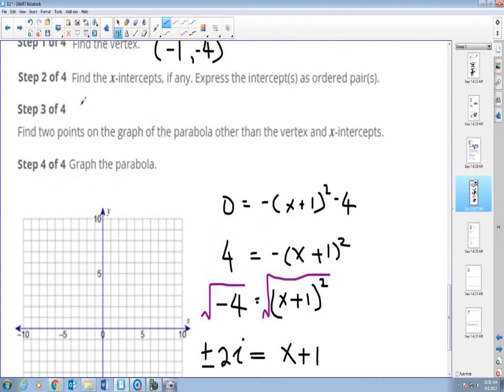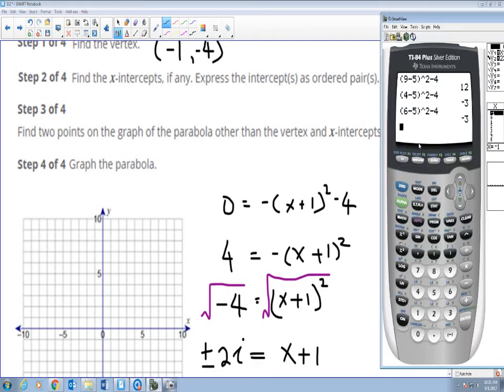So, find the x-intercept. X-intercept is where the line crosses over the x-axis. If I graph this parabola, negative parenthesis x plus 1 whole thing squared and then minus 4, we know the parabola will open down, but look at the picture.